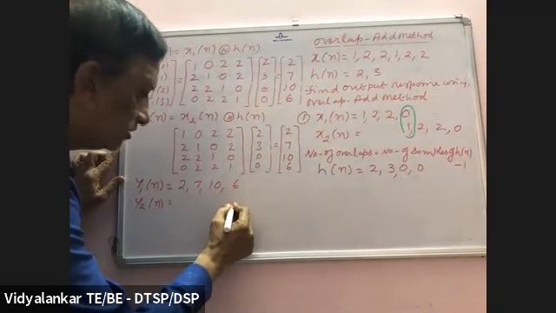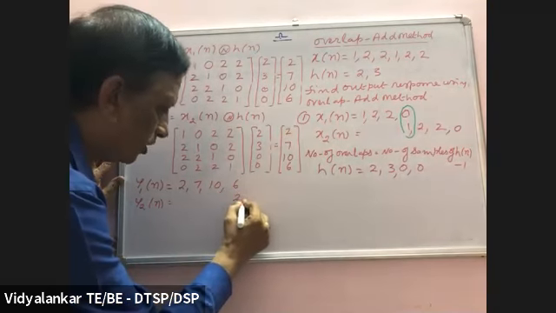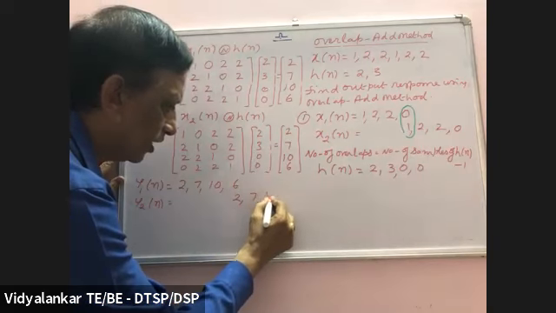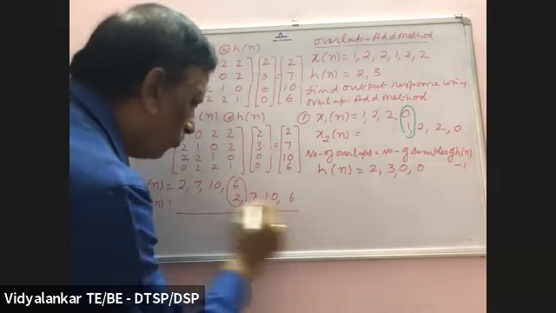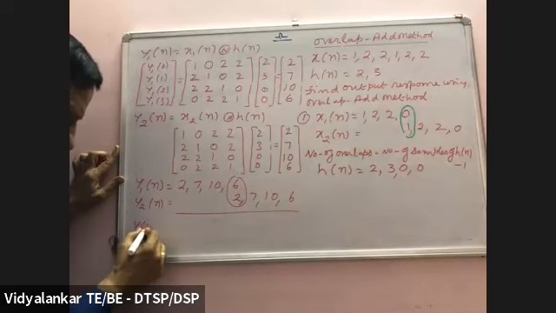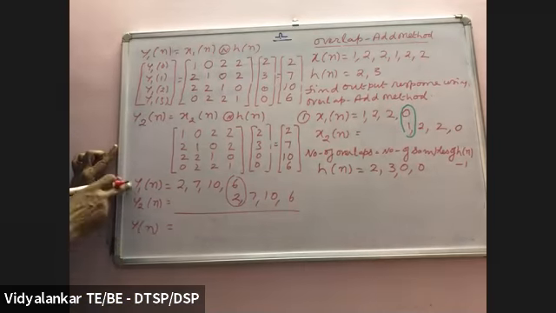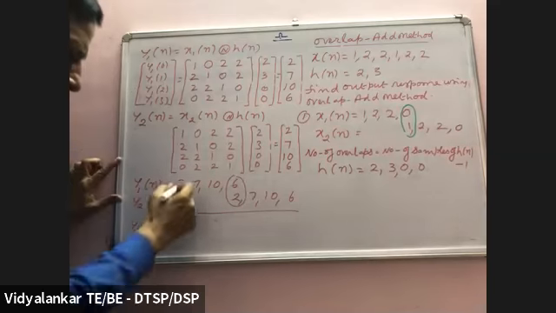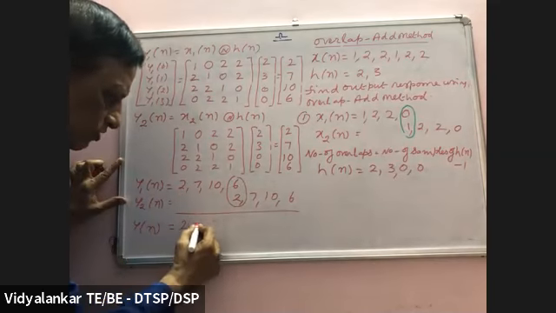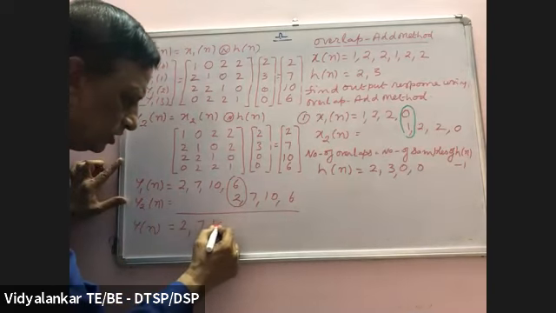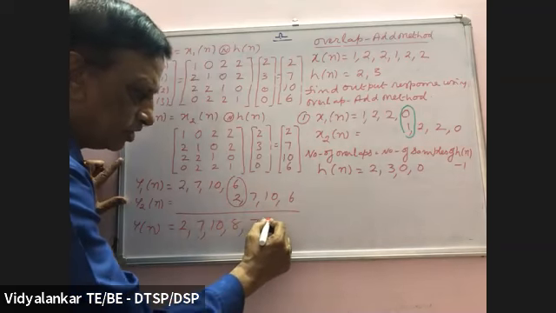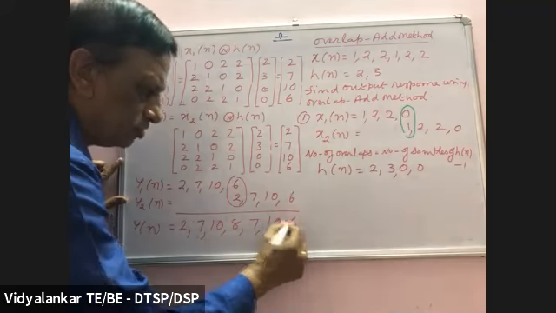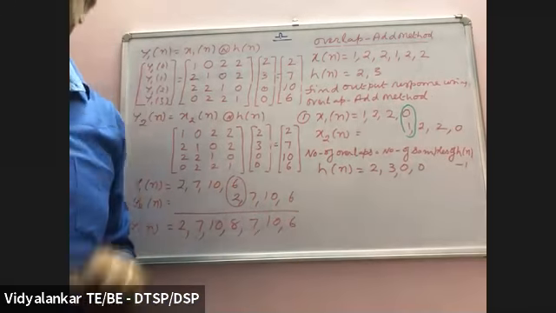So under 6 is 2, followed by 7, 10, 6. This is the one overlap. Now I am adding Y1n and Y2n, which is nothing but Y. 2 plus 0 is 2, 7 plus 0 is 7, 10 plus 0 is 10, 6 plus 2 is 8, 0 plus 7 is 7, 0 plus 10 is 10, 0 plus 6 is 6. This is your final answer.